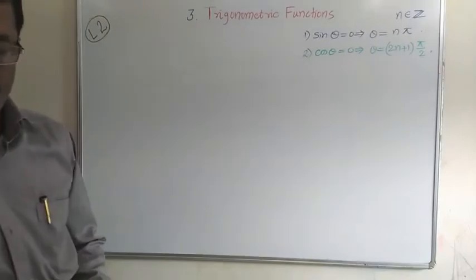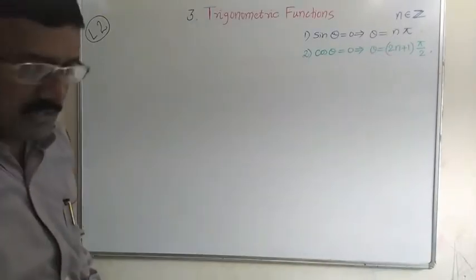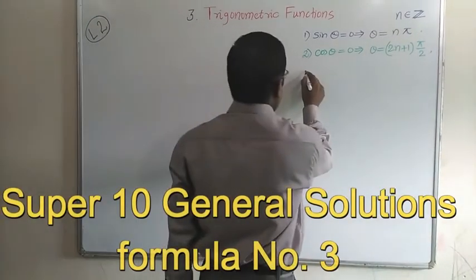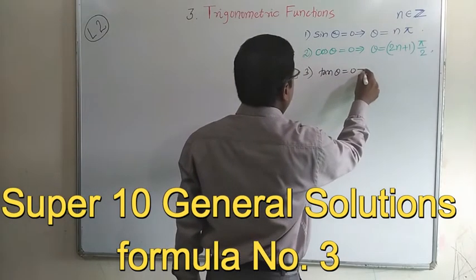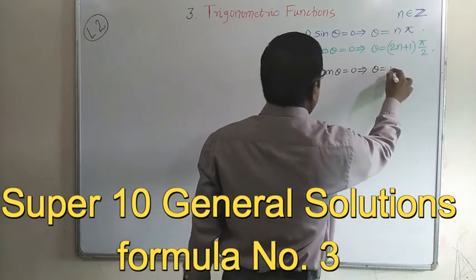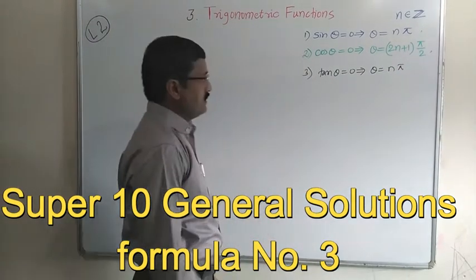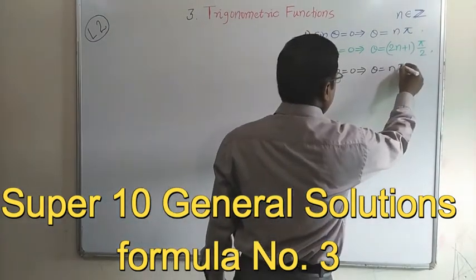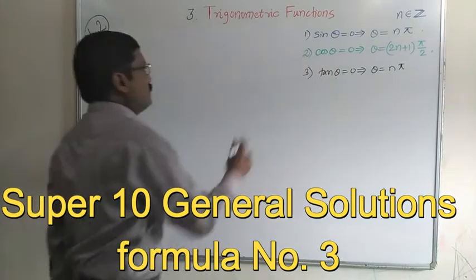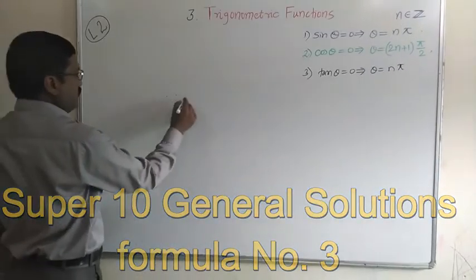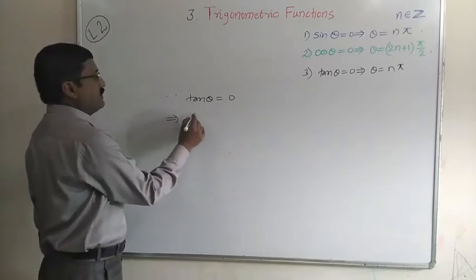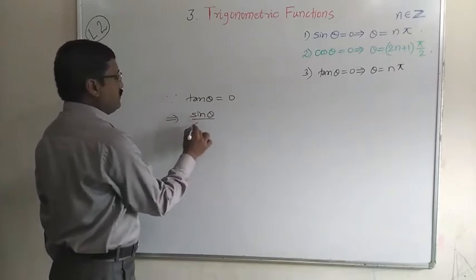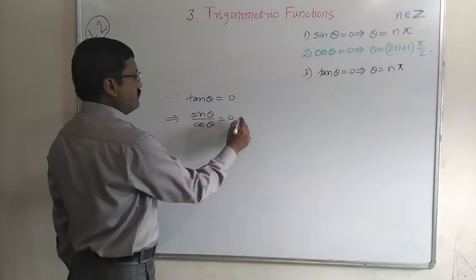Obviously, we have derived two results for sine and cos. Now we will write the third result for the tangent function. Tan theta equal to 0 implies theta is equal to n pi. It's very simple, because for finding tan theta we can use these two results. Since tan theta is equal to 0, it implies sin theta upon cos theta is equal to 0.